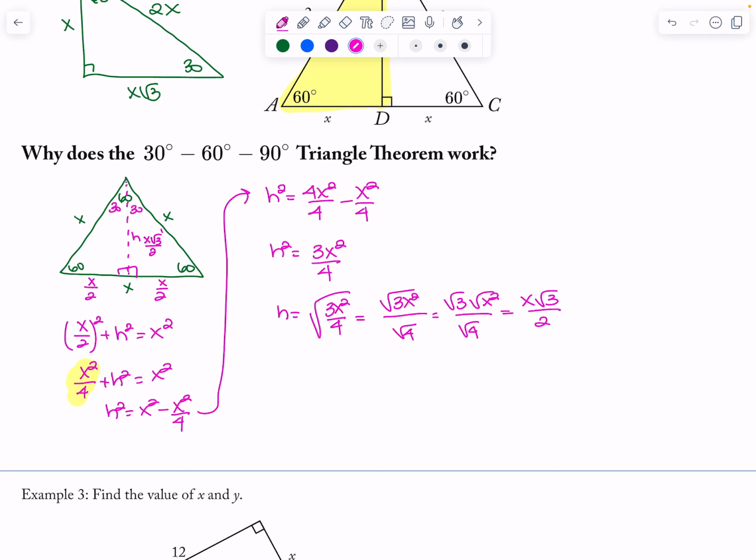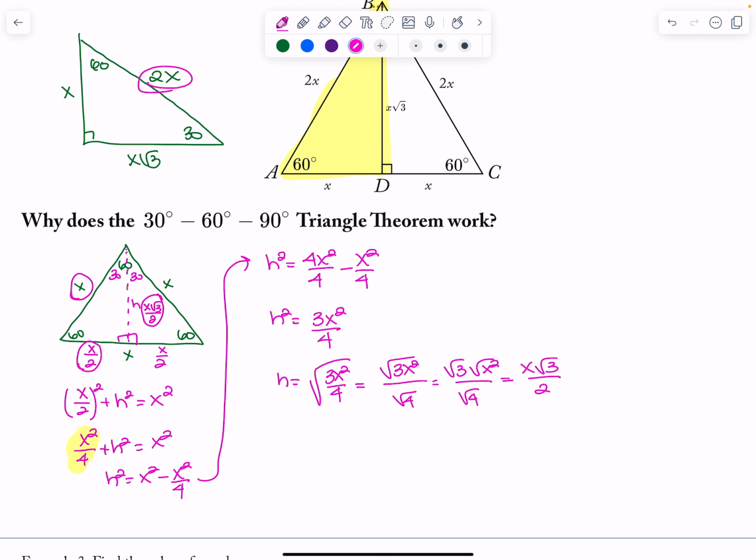And I don't like all my denominators of 2, right? So if I wanted to preserve my Pythagorean theorem, I can multiply everything by 2, and that's where I get my 2x from. My x times root 3 is now not over 2, and then my x is not over 2 either. And so that's why the 30, 60, 90 triangle theorem works.